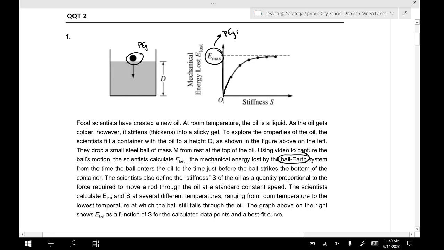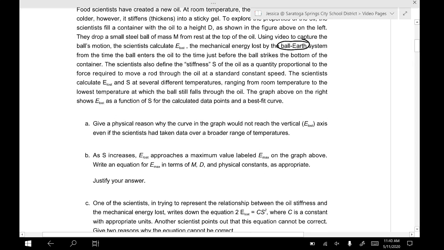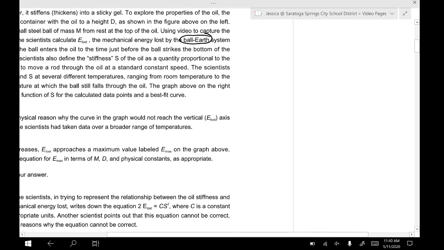Well, that axis here represents zero stiffness, which would mean you're moving through air. If you have oil, it's impossible to have zero stiffness, because there's something getting in the way. Even at the highest temperatures, there's still going to be some resistive force from that oil. So stiffness can never be zero. So that's going to be why we're never reaching that vertical axis.